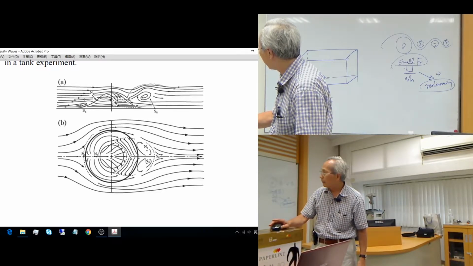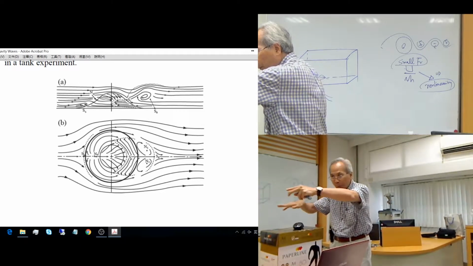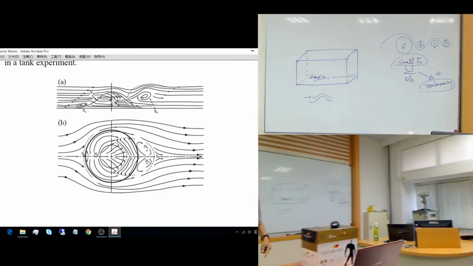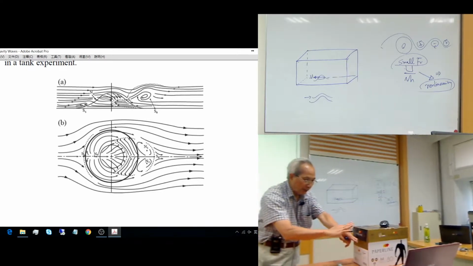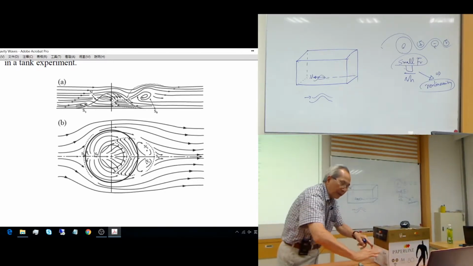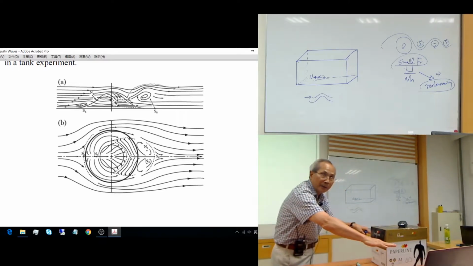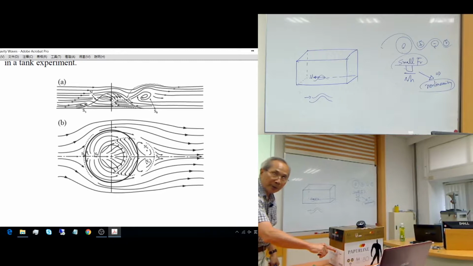That phenomenon is called flow splitting. Flow comes in and doesn't have enough energy to go up at this point. The upper part you can go over, but you cannot here, so it's going to go sideways. That's called flow splitting, and this point is called the attachment point.